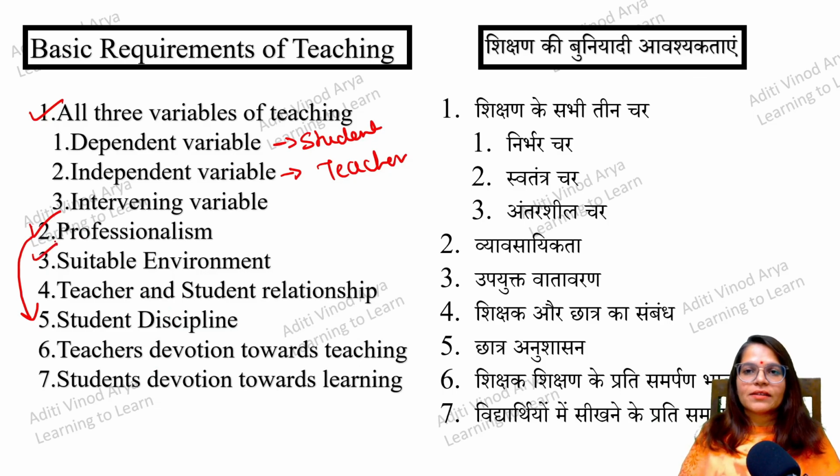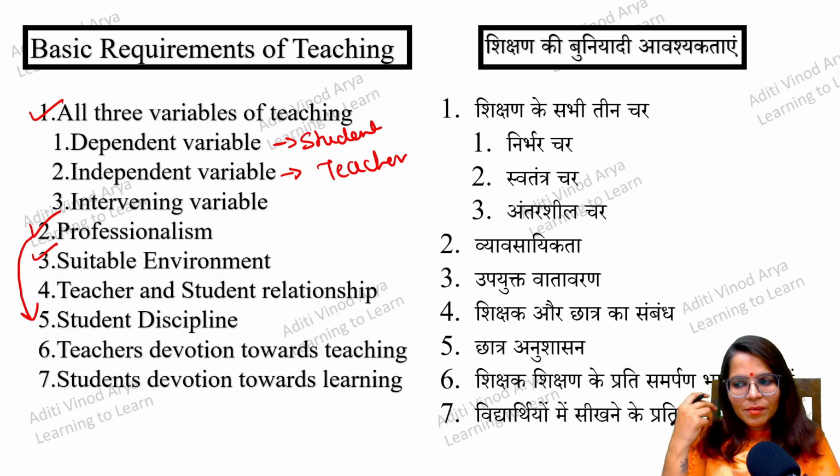Suitable environment, yes. Right now, if you listen to this lecture, it's very calm. There are no sounds, no external noises, and no mechanical barrier going on. So that is why I'm able to communicate this lecture very easily to you.